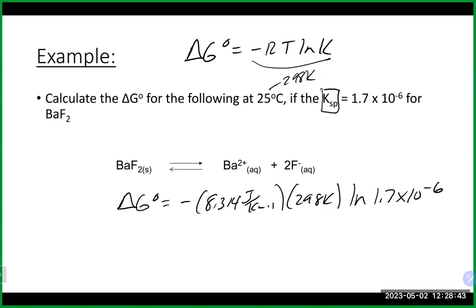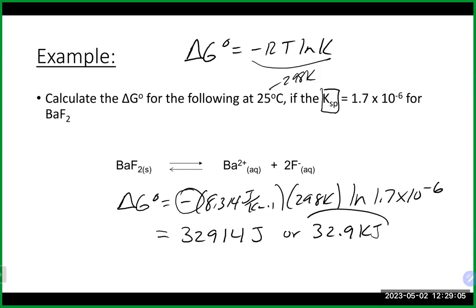So natural log of 1.7 times 10 to the -6, times 8.314 and times 298. And we still got the negative there. That's going to give us 32914. These would actually be in joules, so about 32.9 kilojoules in this particular case. First off, any question on that calculation?